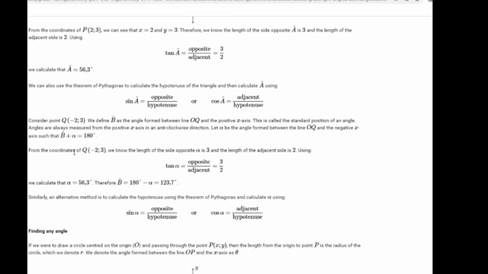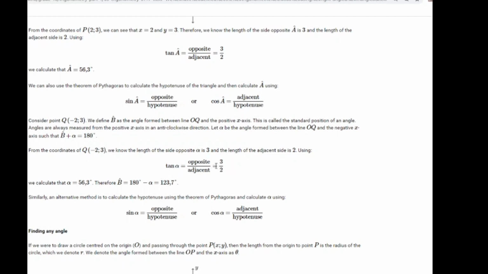From the coordinates of Q, we know the length of the side opposite alpha is 3 and the length of the adjacent side is 2. Using trigonometric ratios, we can calculate the value of alpha, right?